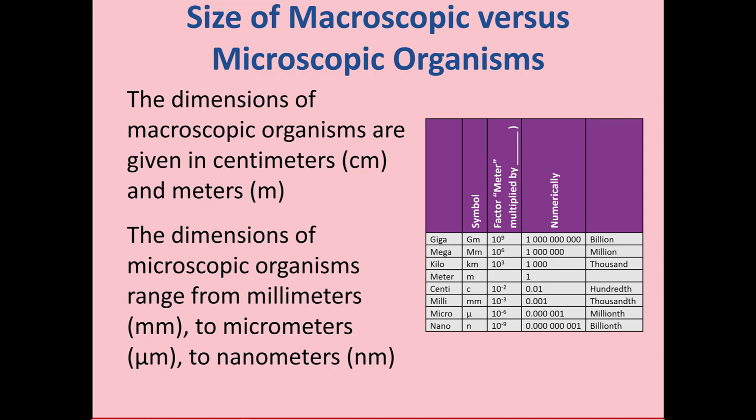And that's a good term for microbiologists. And then nano, which in Latin is 9, is 10 to the minus 9th. Again, if you count the displacement, it's 1, 2, 3, 4, 5, 6, 7, 8, 9.